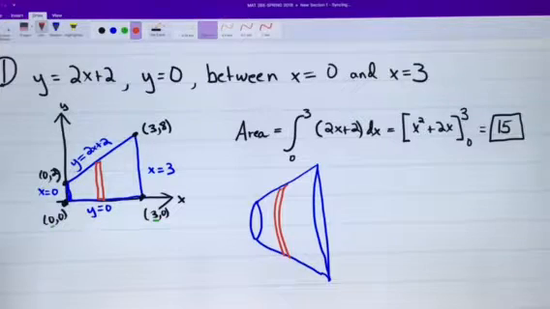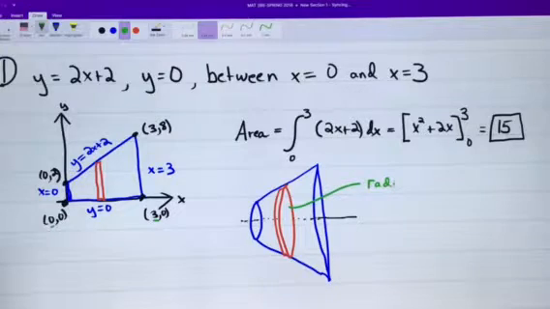Now in the two-dimensional drawing, the height we're going to have at 2x plus 2, and that's going to be the radius. So again, we have the radius at 2x plus 2.